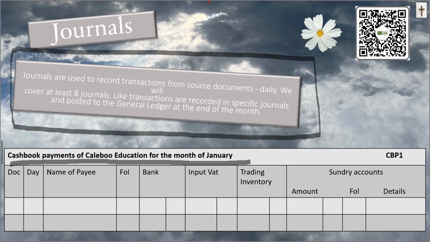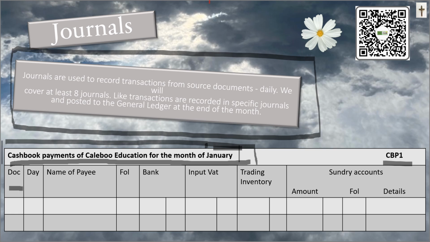Each journal will have a journal heading and a reference that stands for cash book payments number 1. Maybe you started off in January, and in the heading of a journal you will have the name of the business and what month the journal is being done. So in this case here, it's the cash book payments of Calibre Education for the month of January.